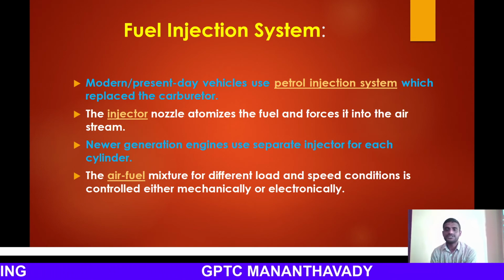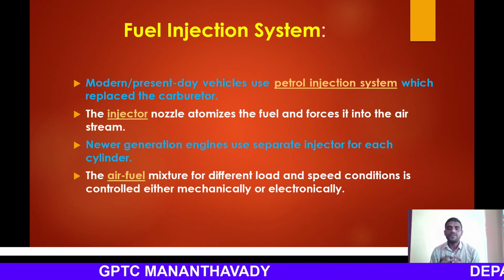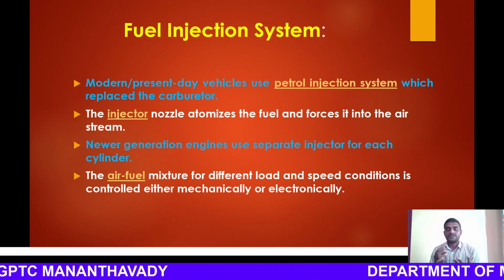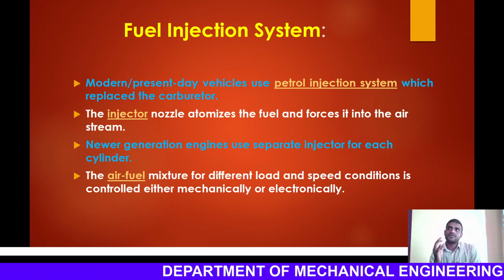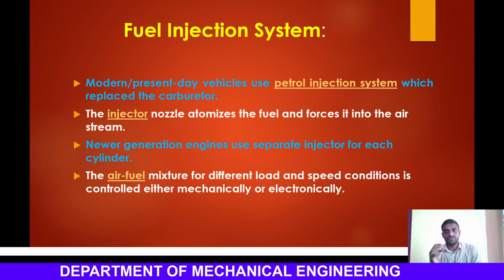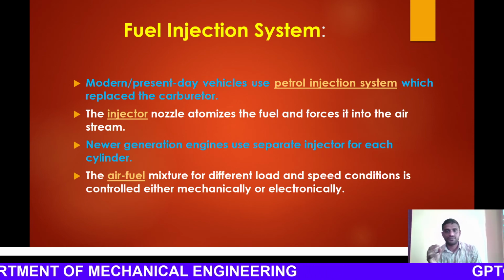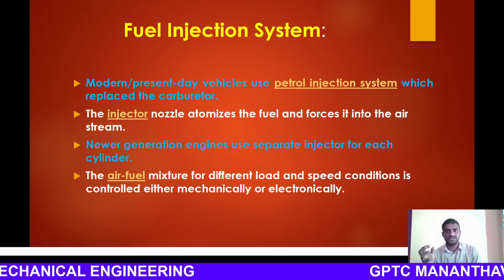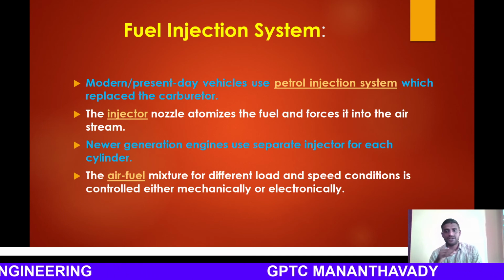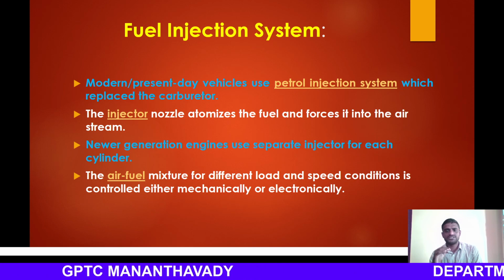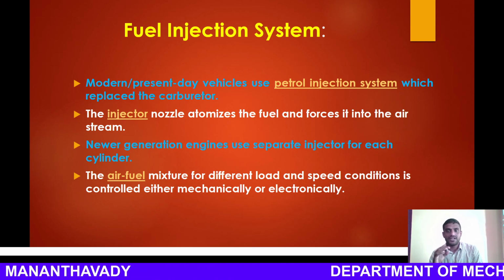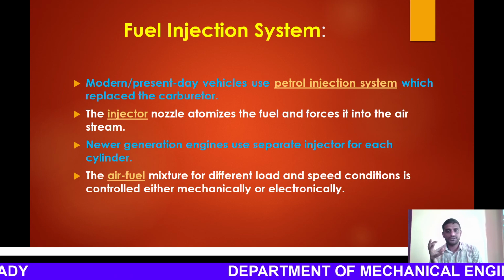Electronic control modules sense the amount of air-fuel ratio required at different operating conditions. During the starting of the engine, a richer mixture, that is more fuel, is required to start the engine. In normal idling condition, the amount of fuel required is very less, and during acceleration more fuel is required.